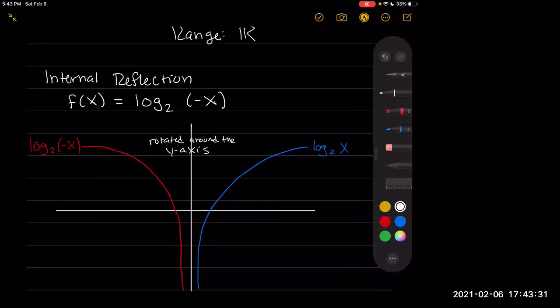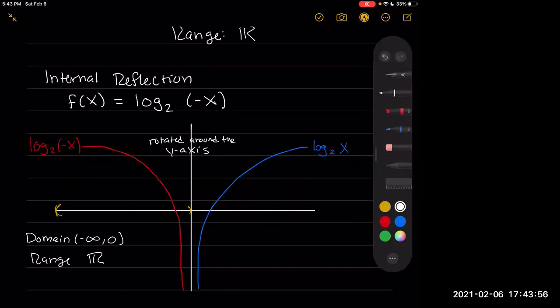All right, and now this is where our domain changes. So you can see where all of our inputs here on the x, they are negative infinity to 0. But our range is still all of the real numbers.